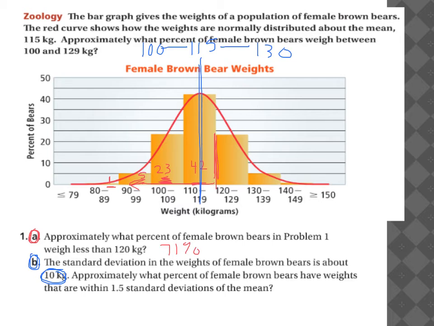So now I am looking in between 100, so right here, to 130, about right here, which would actually be the same type of problem that we had on the previous slide. So each one of these would be roughly 23, 42, and 23. So it would still, again, be 88%, because adding up my three columns or bars that I have there.